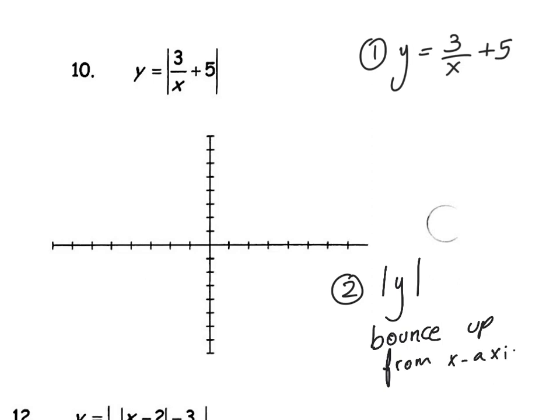So let's start by sketching our transformed form. Now, as you can see, this is a rational function, so it has two asymptotes, a horizontal asymptote of y equals k, which is 5 in this case, and the other one is x equals h, which is 0. So I'm going to start by sketching those two asymptotes.